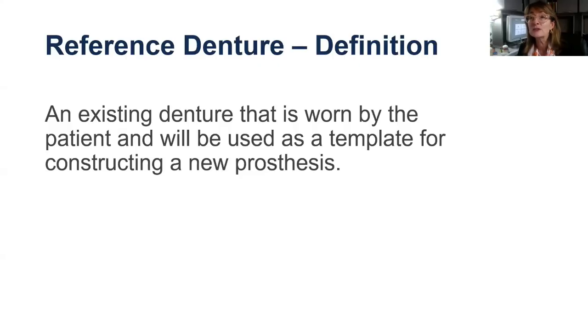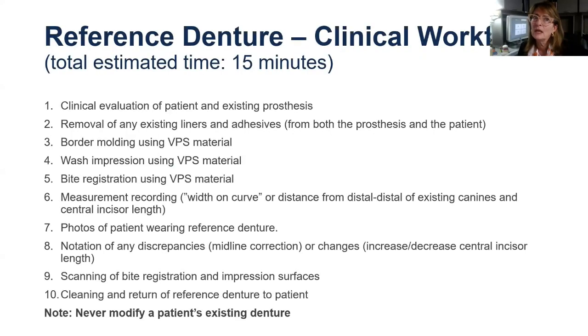But again, the reference denture is a patient that has an existing denture, and we're going to use that as a template to construct a new denture. Somewhat similar as far as keeping everything really nice and dry. I'm going to go through some of the images as far as what we're looking for on that reference denture.